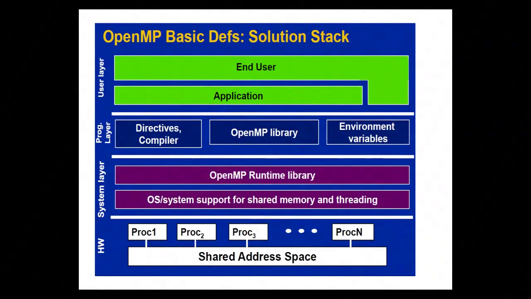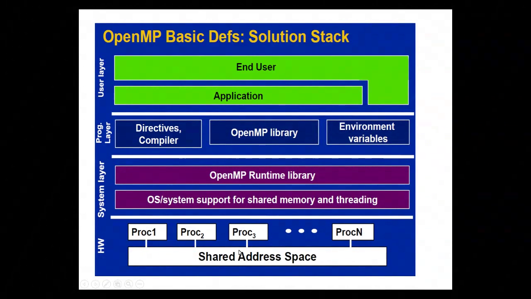So here is the basic OpenMP solution stack. It says the hardware itself is shared memory hardware, and it doesn't matter how many CPUs or how many cores the hardware has, they should have the ability to share memory.